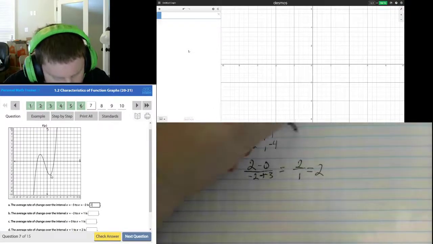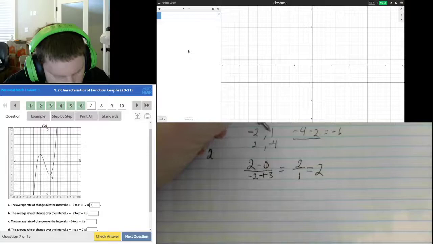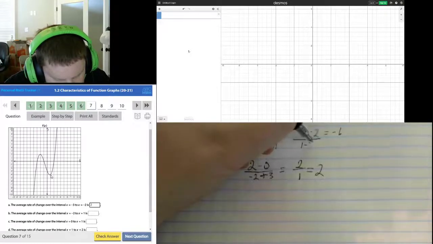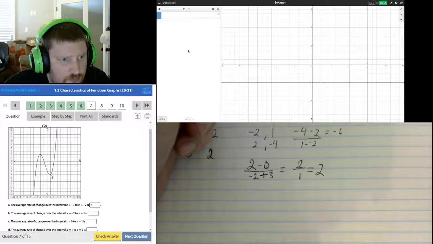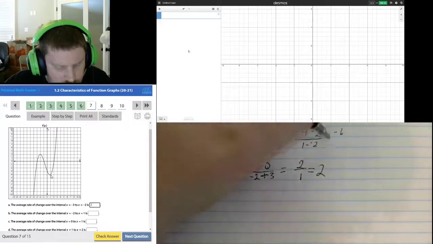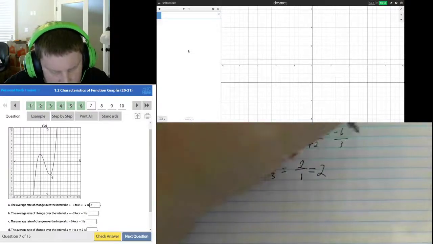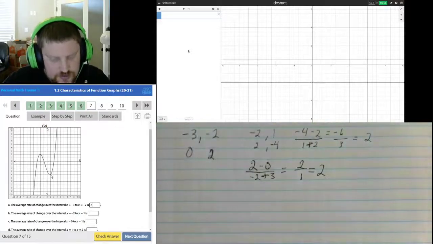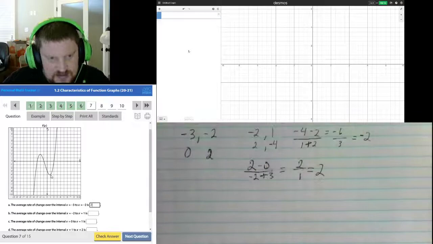So -4 minus 2 is -6. 1 minus -2 is plus 2, 3. -6 divided by 3 is -2, because negative divided by a positive is negative.